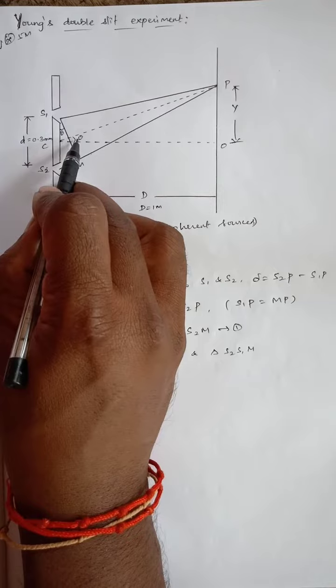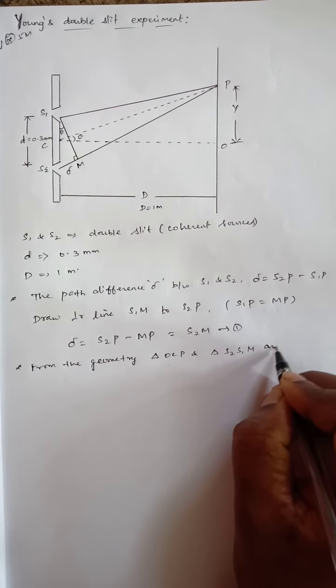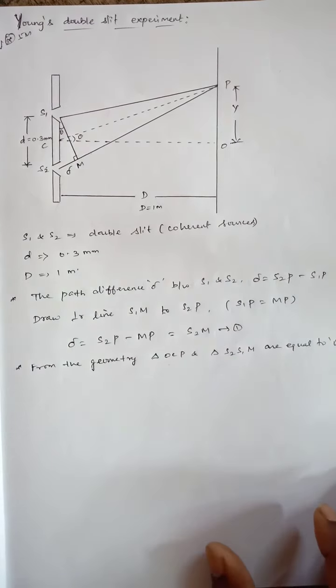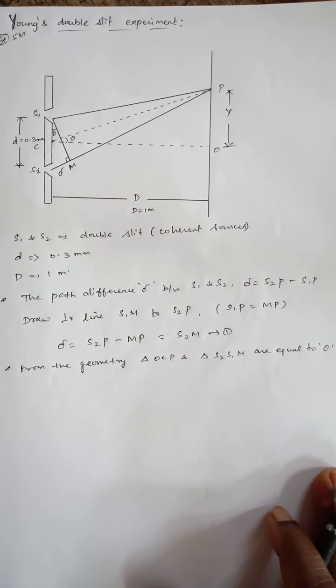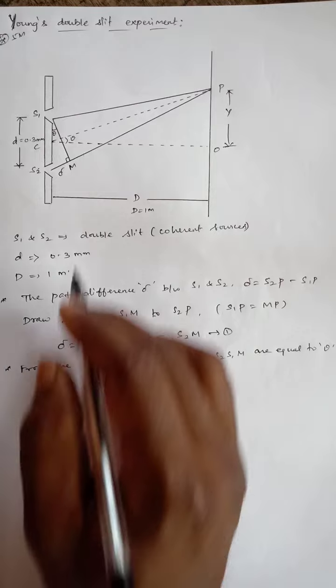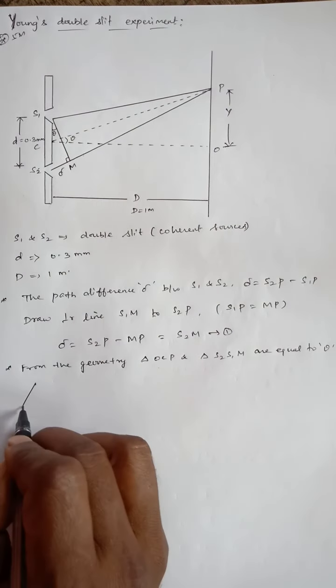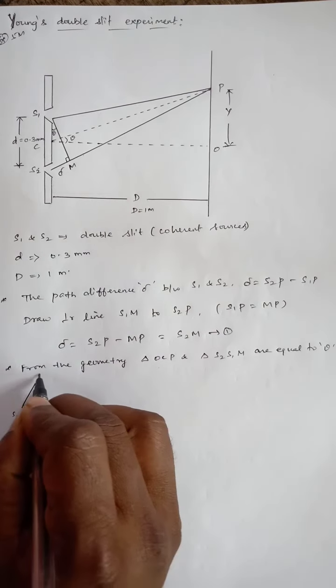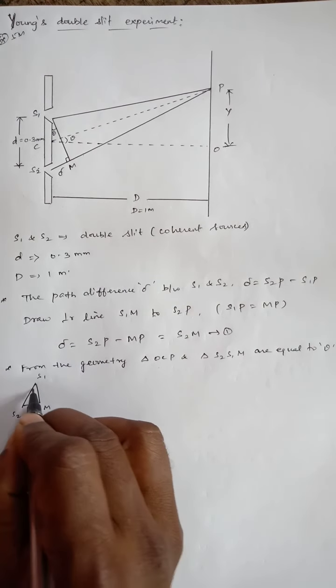So what is the angle here? Theta, no? It is equal to theta. So we draw the diagram. This point is S2, this is S1, here is M, here is the angle.